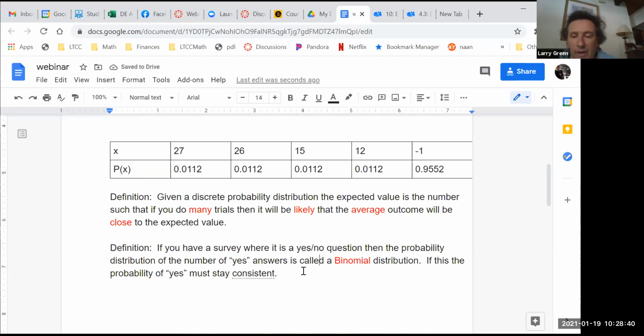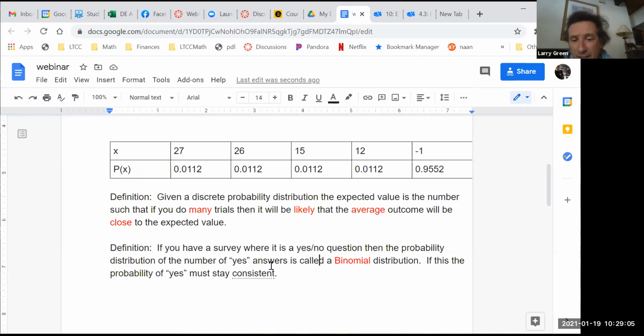So that means that if you're doing a survey of, I don't know, Biden's approval rating, you don't want to do it for 3 years because that's going to fluctuate based on what's going on in the news. So you want to make sure that you're doing it all on the same day so that the probabilities don't change because of some external stuff.